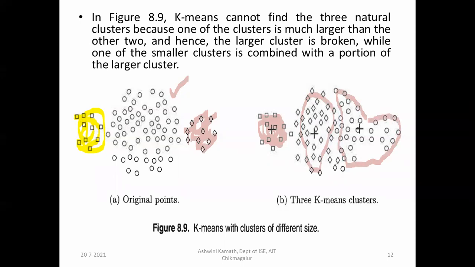This is because of the size of the middle cluster. So the K-means algorithm created clusters like this, but we want the clustering to happen like the original points I have shown, but it has created it like this.